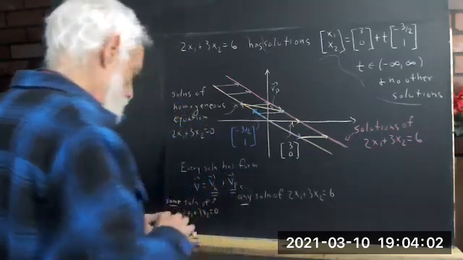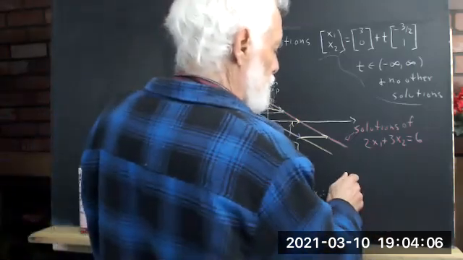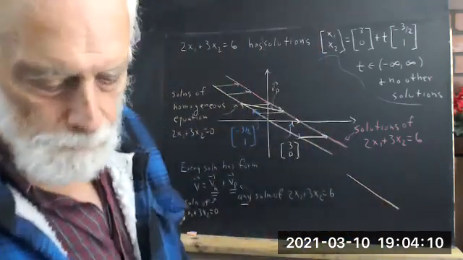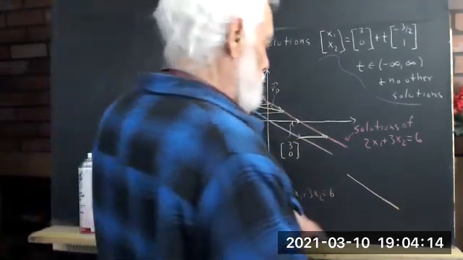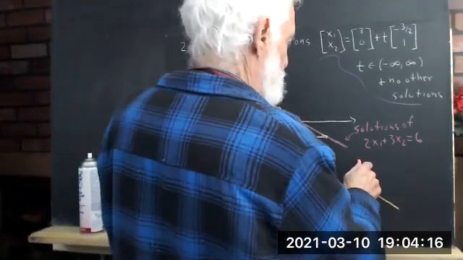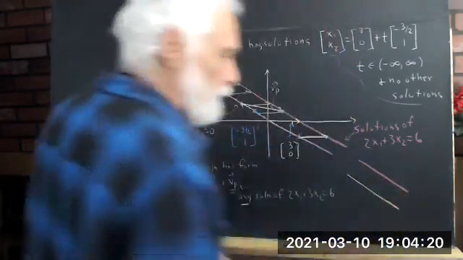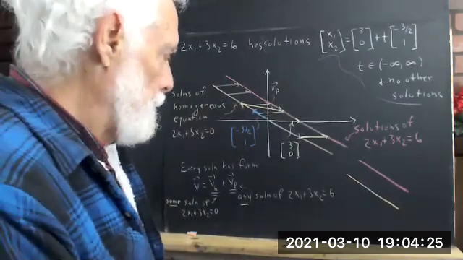Now I said I'm going to draw it a little more clearly because that is probably about as clear as mud. So here's a set of homogeneous solutions. Here's a set of solutions of the equation. And let's just say we've got our origin at some point here.